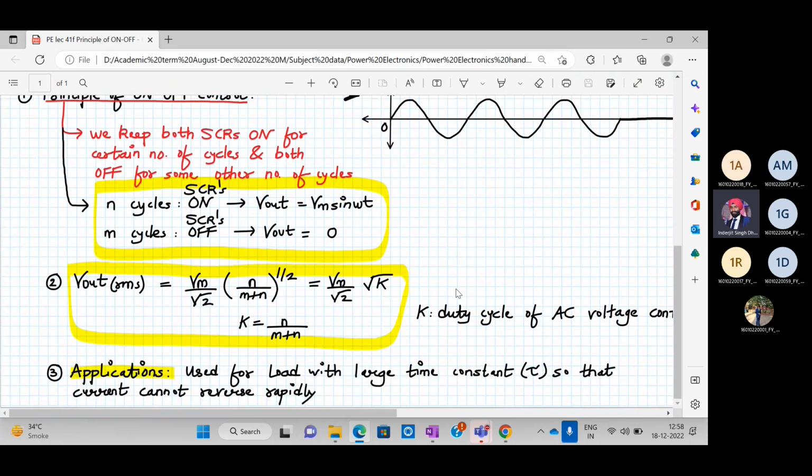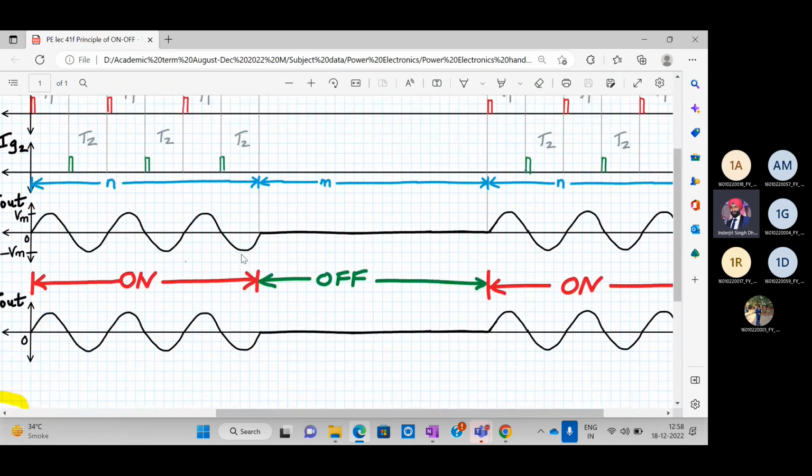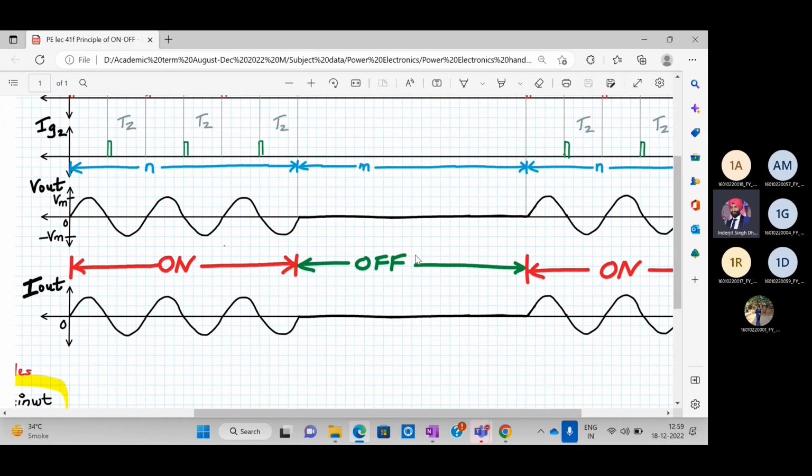We have also written that it is for applications where loads with large time constants are required, so that current doesn't reverse rapidly. Here we have V out zero for a particular period of time. It depends upon the time constants of the load application. And the I out waveform will be the same because it's a resistive load.